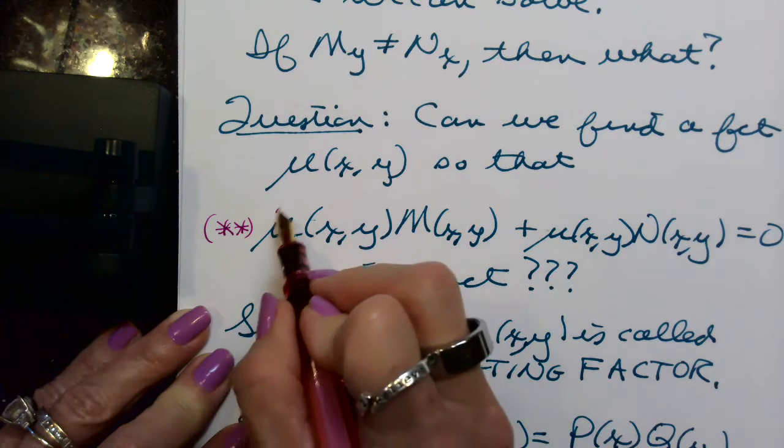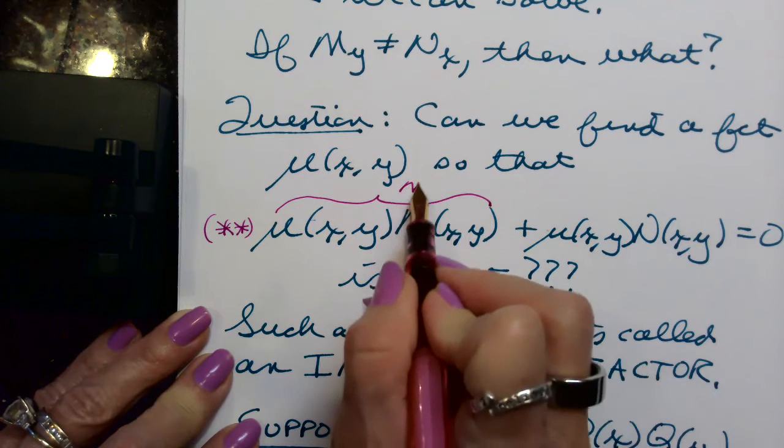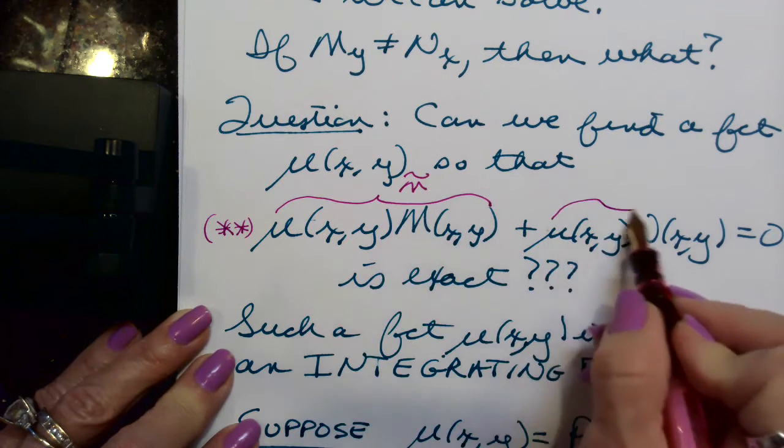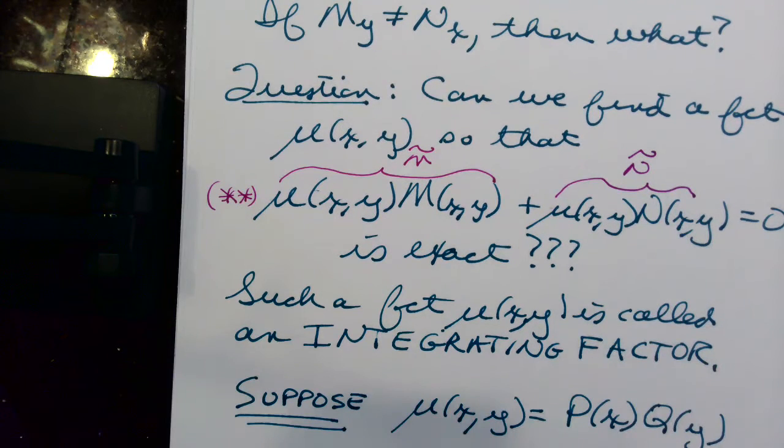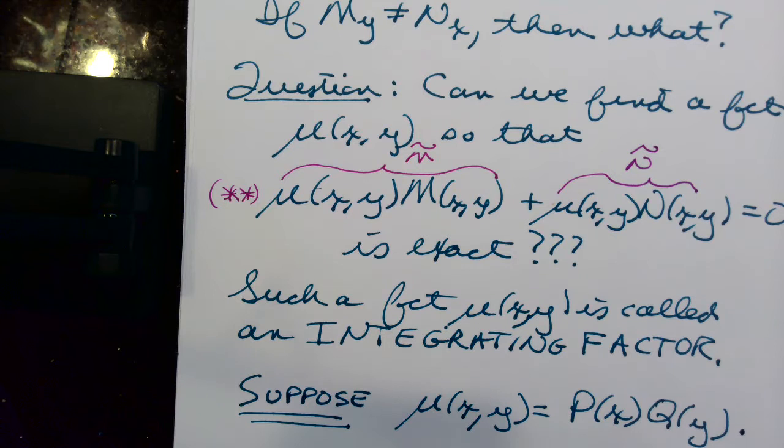If I call this M tilde and N tilde, we're making the assumption that mu has this very special form.